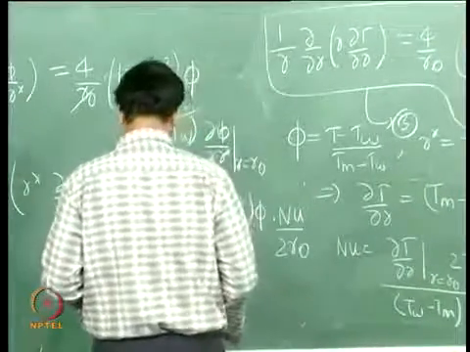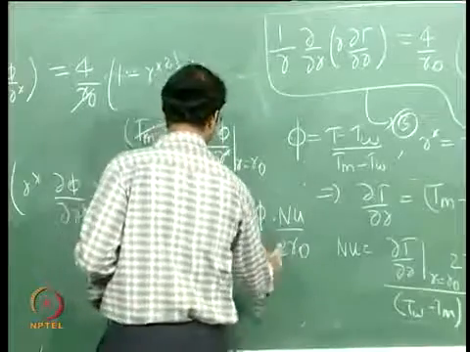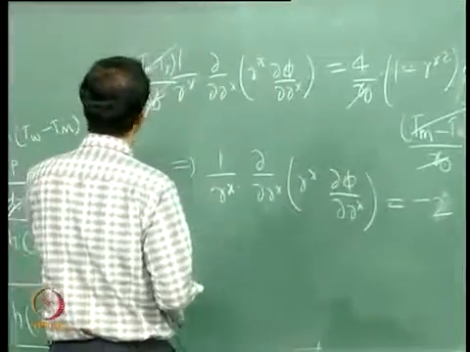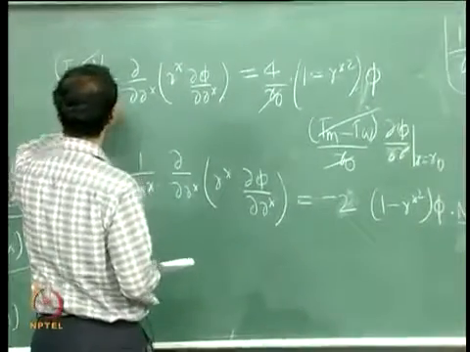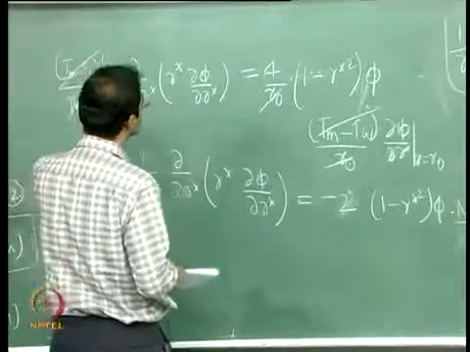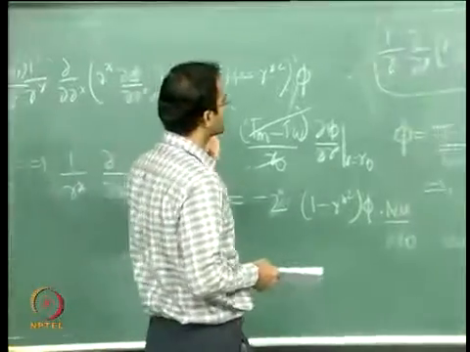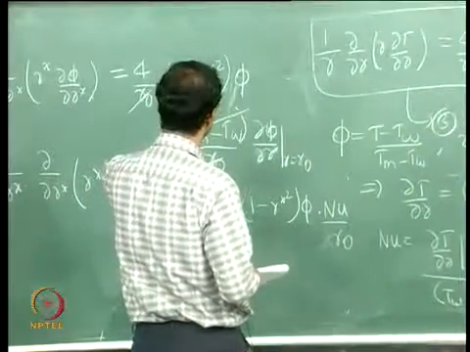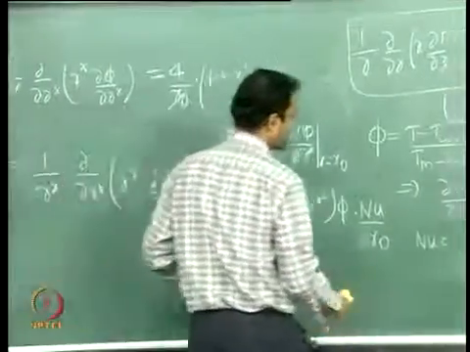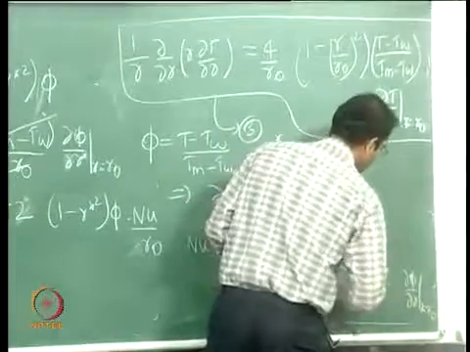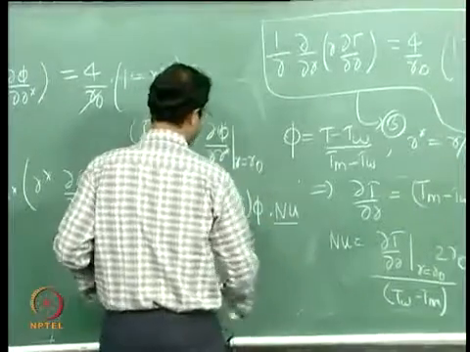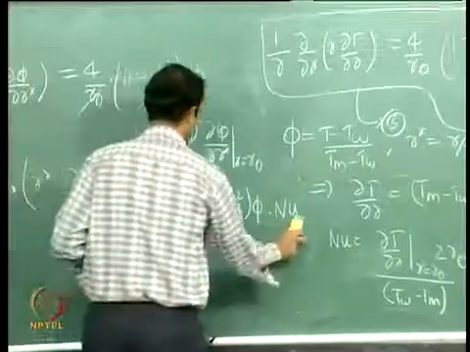There is a factor of r naught which I have to cancel somewhere. This r naught here cancels, this is r naught square, and on this side, oh okay, I can write this as d phi by dr star, you are right. This is already d phi by dr star, so it will be in terms of Nusselt number.